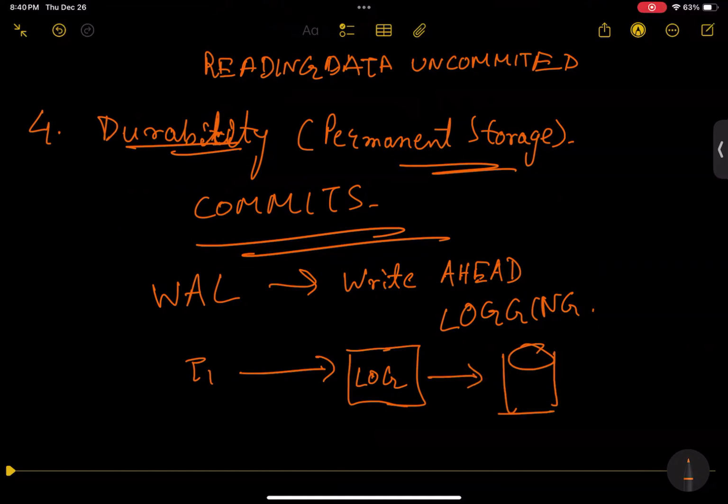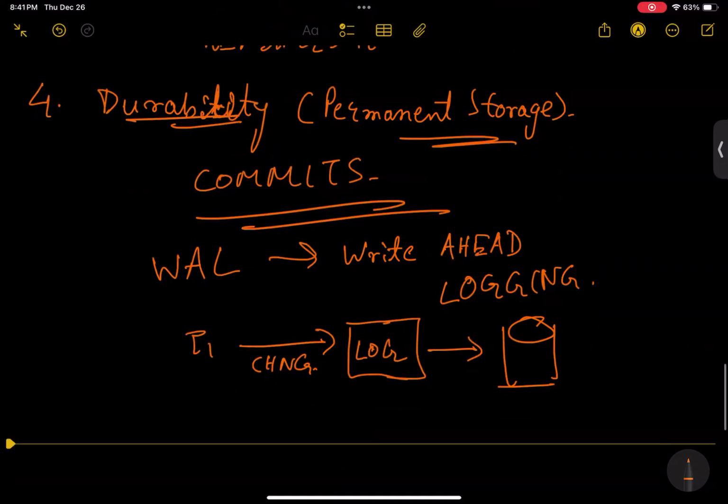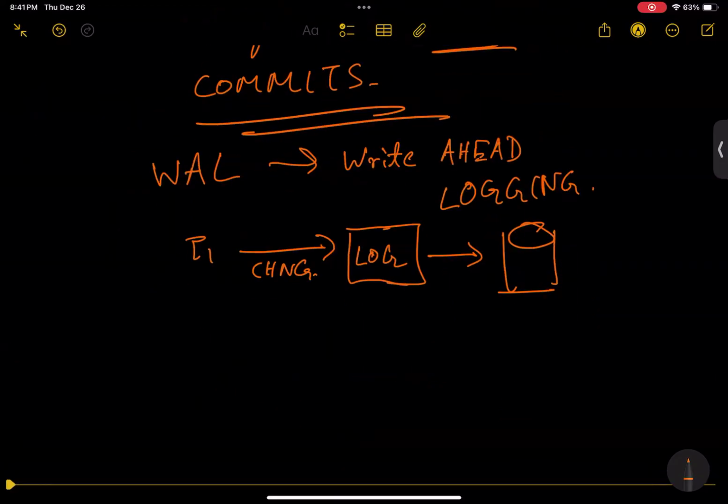First thing it says is that any change must first be written to a log and then it should go into a data page. And all records must be written to a stable storage before the transaction is committed. There are details around it, but I don't think we would require that. But just remember this thing that we need write ahead log or anything else.